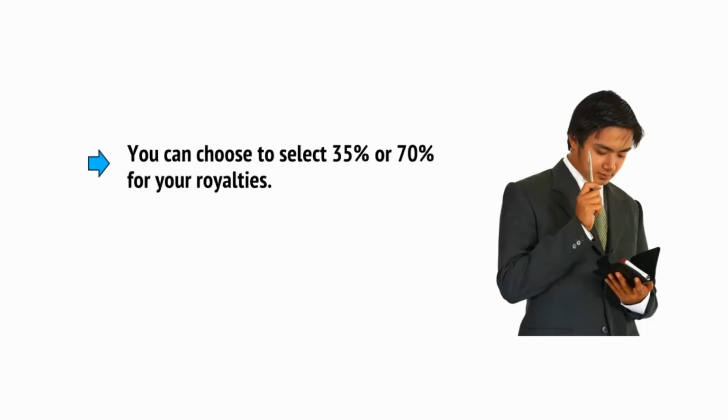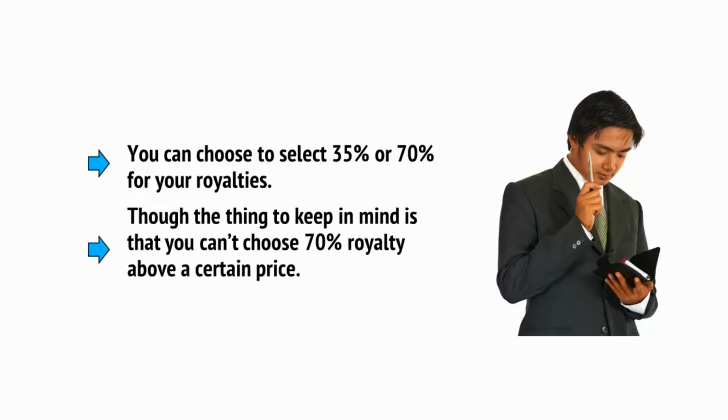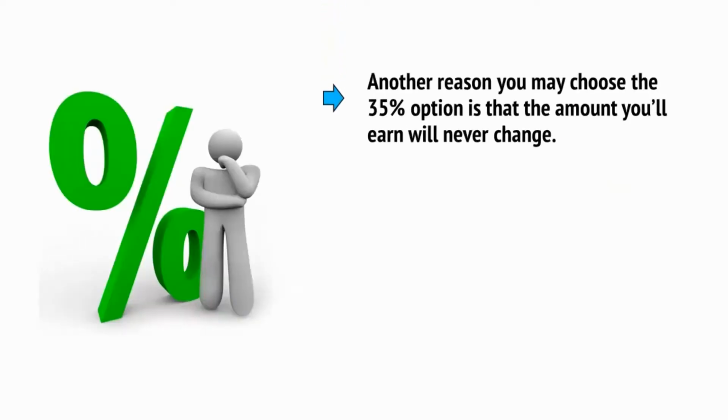Finally, you'll need to enter your pricing and your royalties. Interestingly, you can choose to select 35% or 70% for your royalties, though the thing to keep in mind is that you can't choose 70% royalty above a certain price. Another reason you may choose the 35% option is that the amount you'll earn will never change.